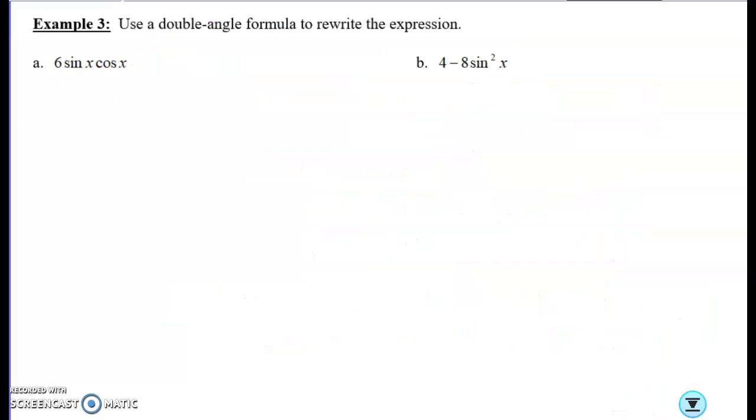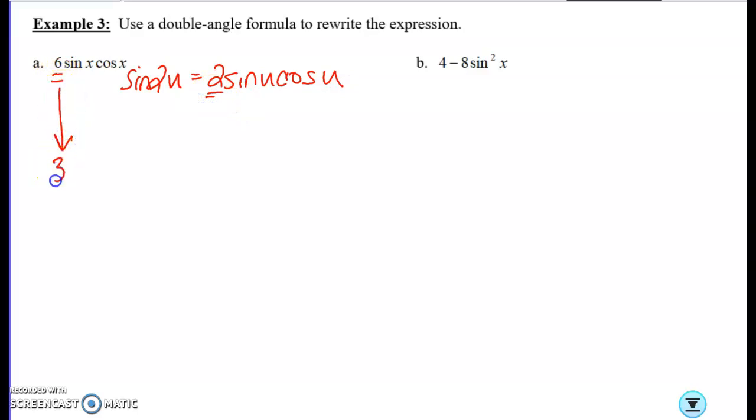Okay, next, they want us to simplify given our double angle identities. And when you look at this first one, you might be like, okay, what's that? That's not an identity, but it looks similar to an identity. It looks like the sine of 2u, which is 2 sine u cosine u. The only difference is it's not a 2 in front, it's a 6.